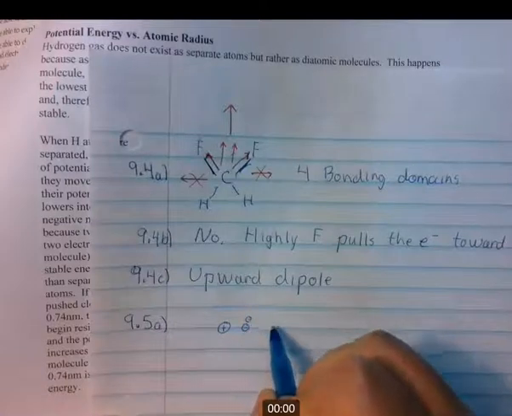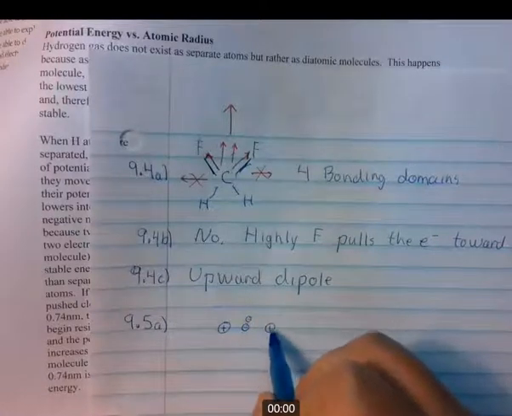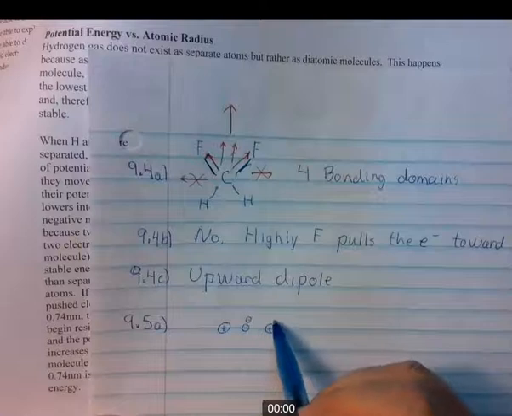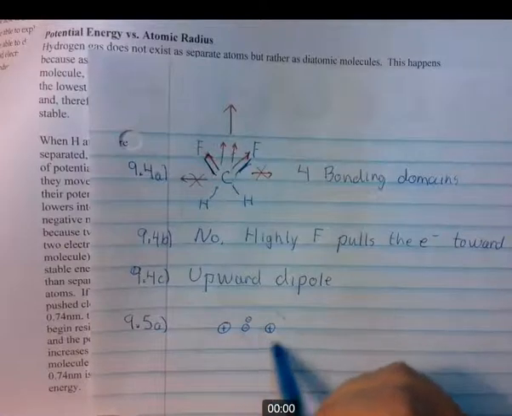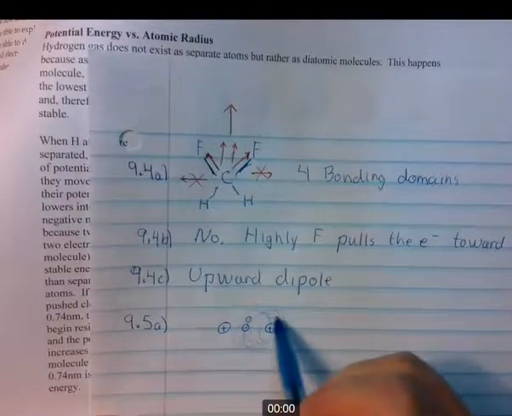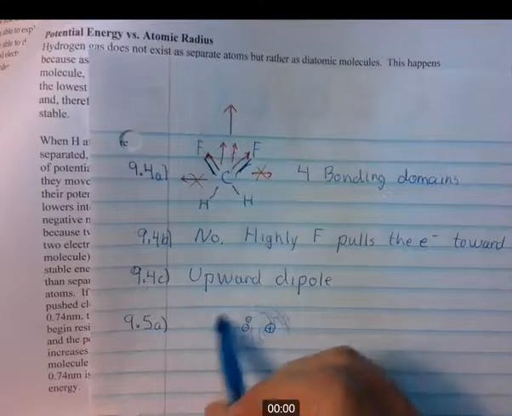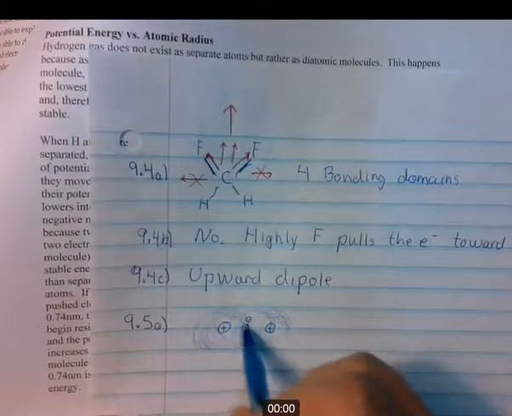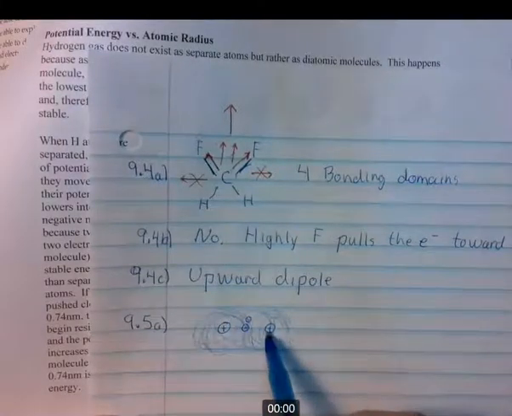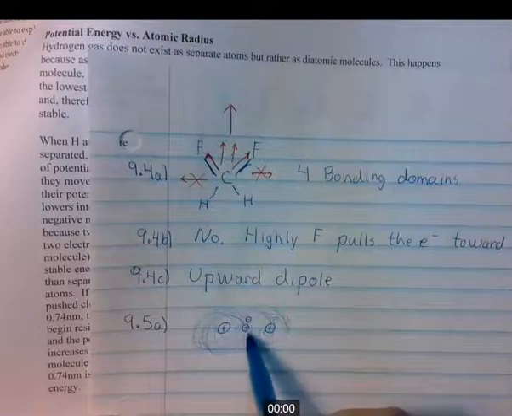And when you put two of them together like this, so you have another hydrogen atom, basically, here's the electron cloud for this hydrogen atom. It's right here. And here's the electron cloud for this hydrogen atom. It's right there. These electrons attract the protons, and the protons attract the electrons.